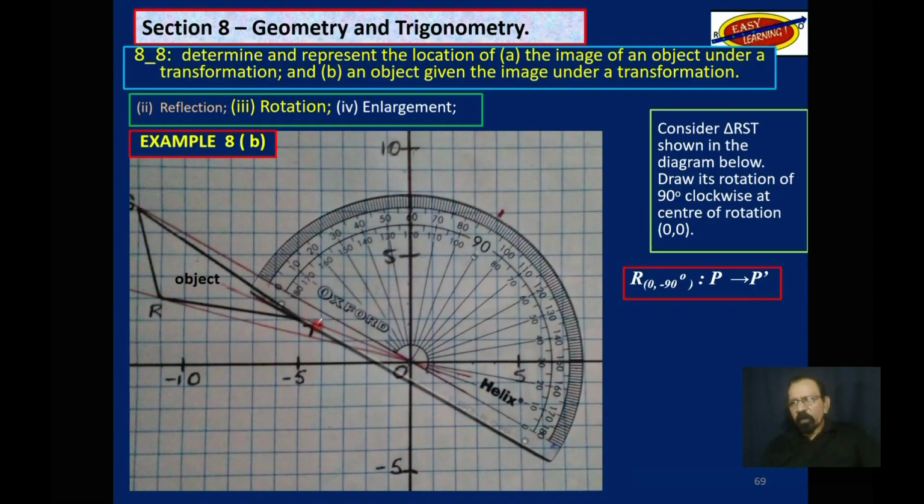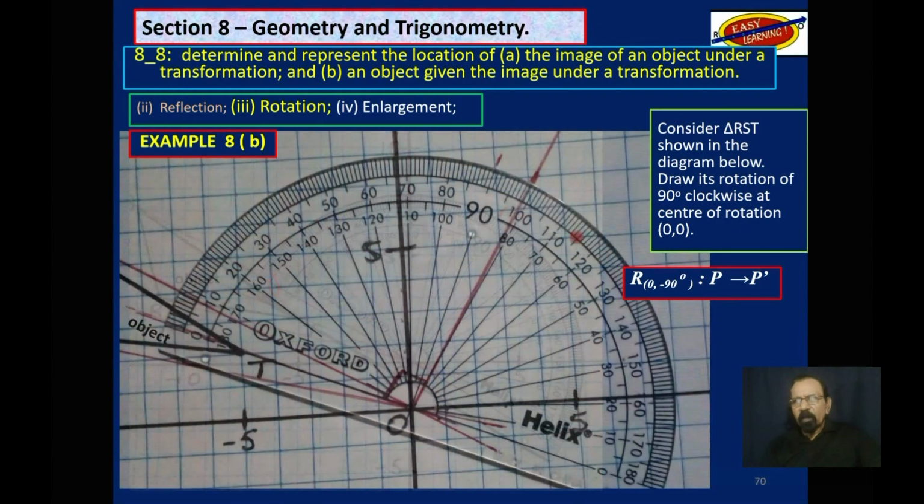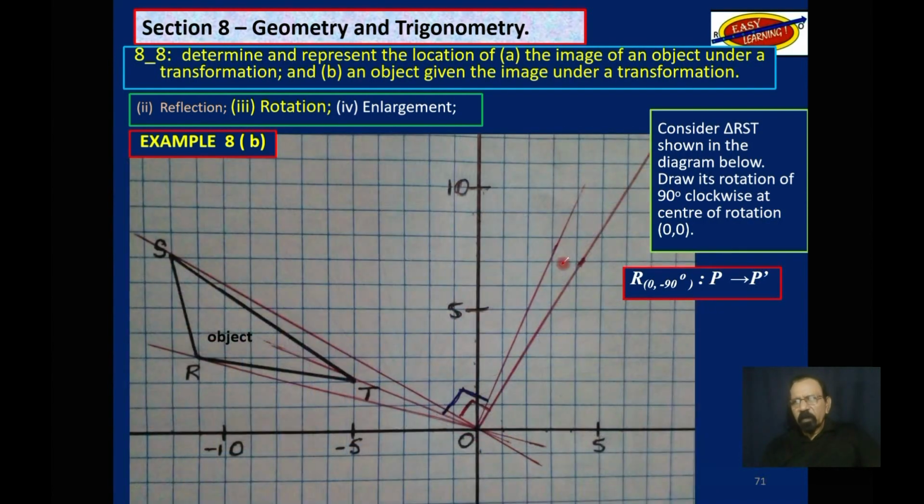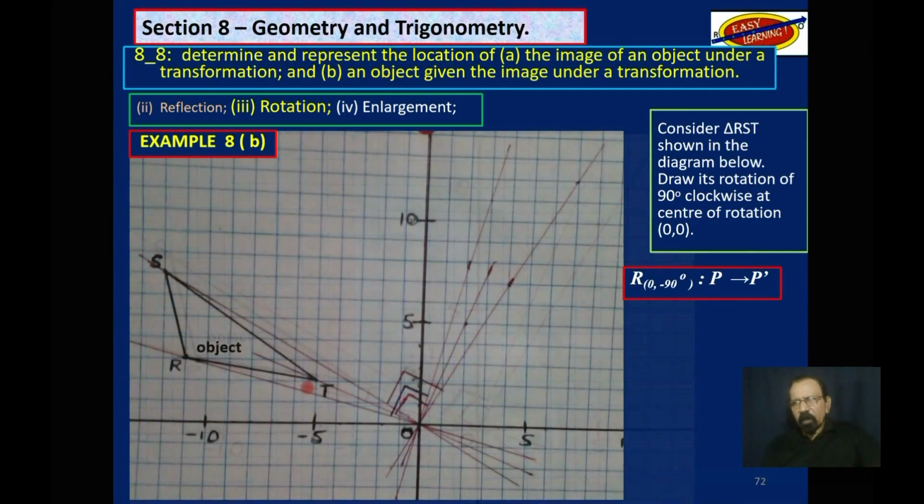So this is the first one. From here, we have 90 degrees there. And then the next one, from here, you have 90 degrees there. And then from this last one here, R, was done.